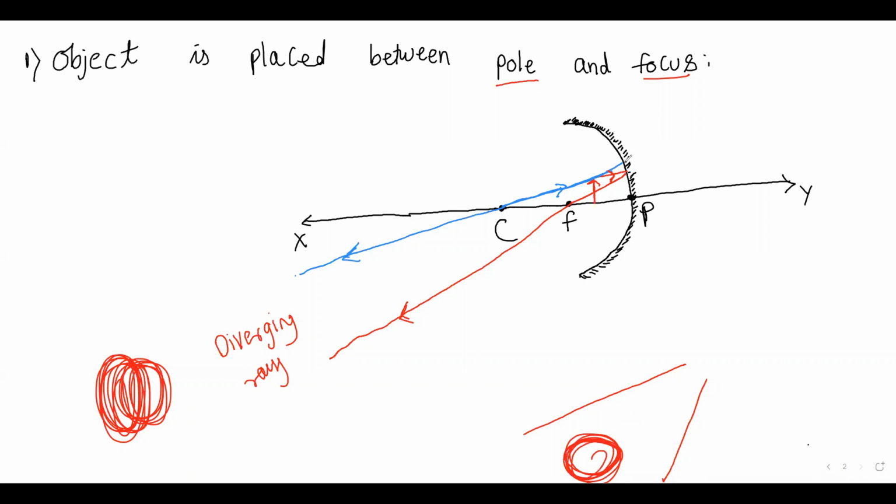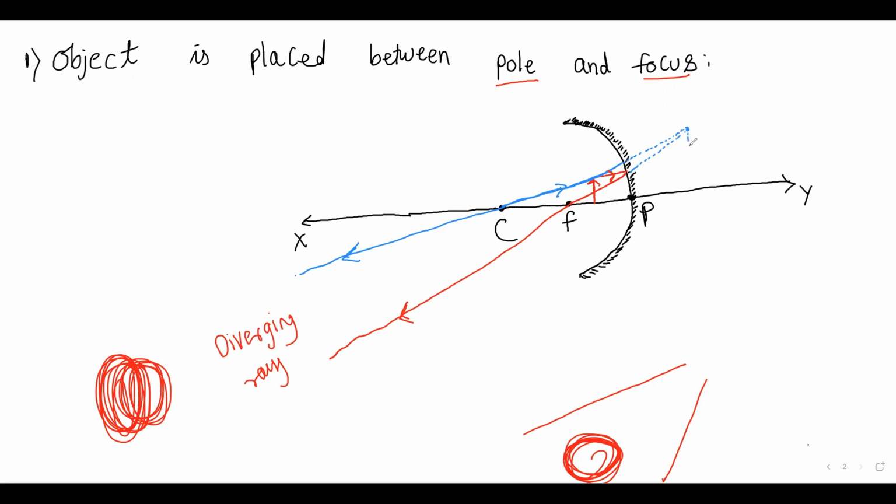Behind the mirror, when you extend these rays in backward direction, they will meet at one point. And wherever these two rays are meeting, their image is formed. And the image formed is virtual erect image.